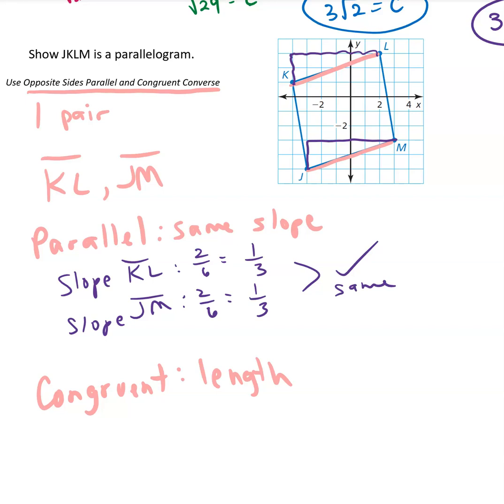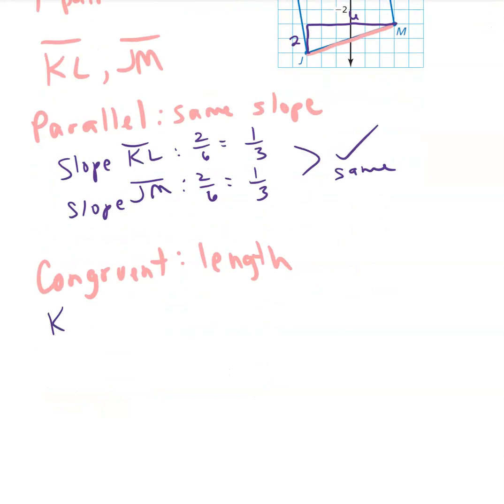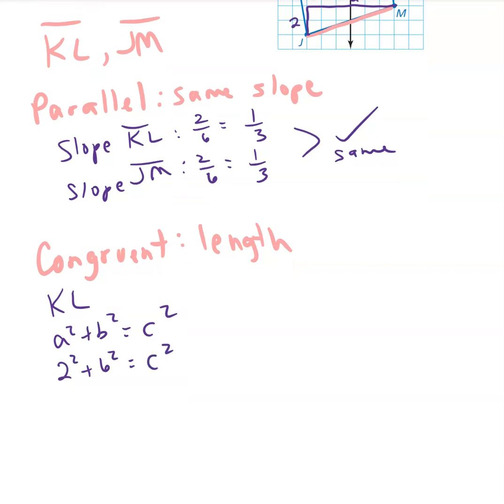And then we need to find the length. So we're going to use those same triangles we drew for slope for the Pythagorean theorem. So for KL, our A and our B are 2 and 6, so 2 squared plus 6 squared equals C squared.